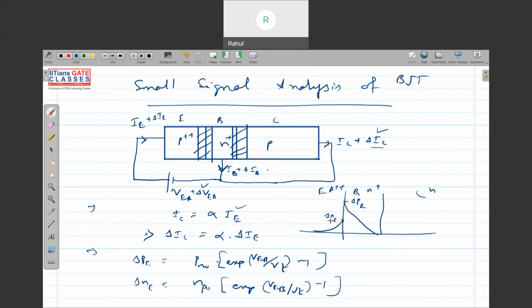Also, the emitter current will be the sum of this current plus this current. This current will depend upon the concentration gradient, and also this current will depend upon the concentration gradient.